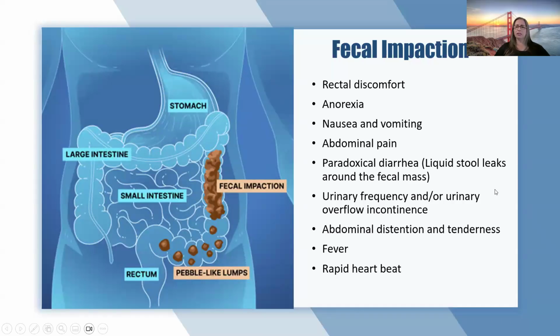Having all that stool in there can also cause urinary symptoms because of the pressure on the bladder. And then when it's been there for a bit and they're really feeling bad, they can end up with a fever and tachycardia or rapid heart rate, because there's a very high risk of becoming septic when someone has a fecal impaction.